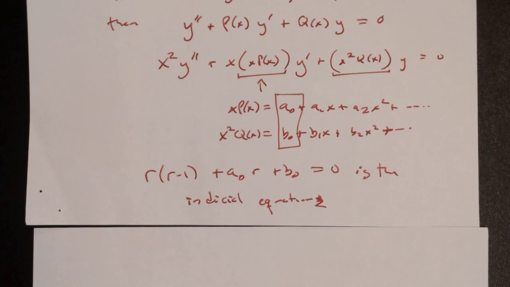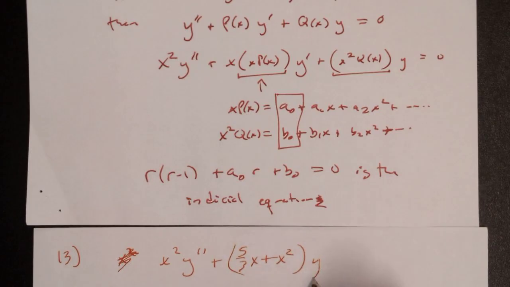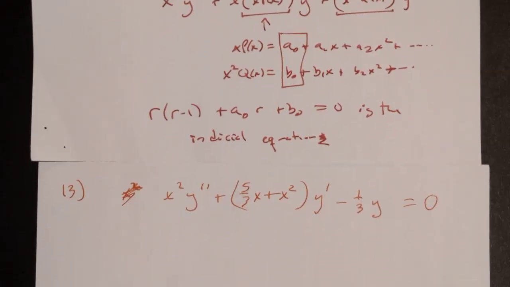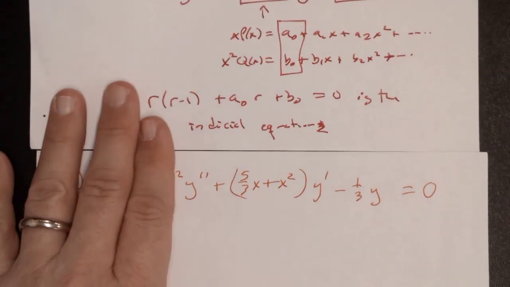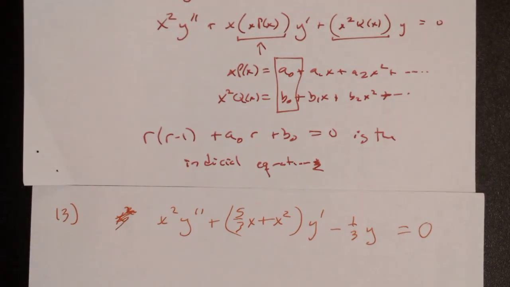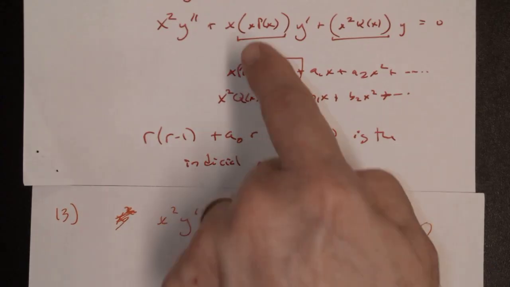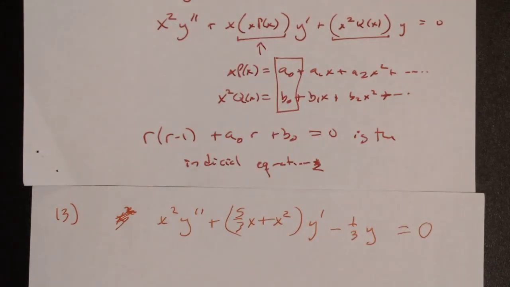Here is a differently written differential equation. x squared y double prime plus (5/3 x plus x squared) y prime minus 1/3 y equals 0. Look at the way I've written that expression. The p of x piece has an x factored out of it.